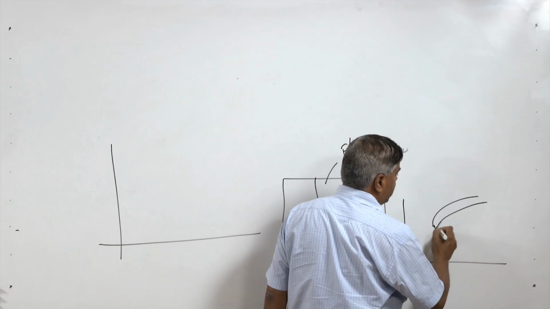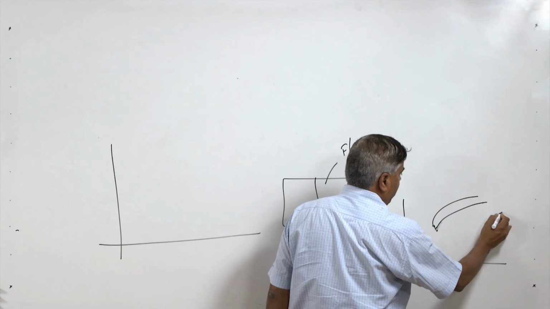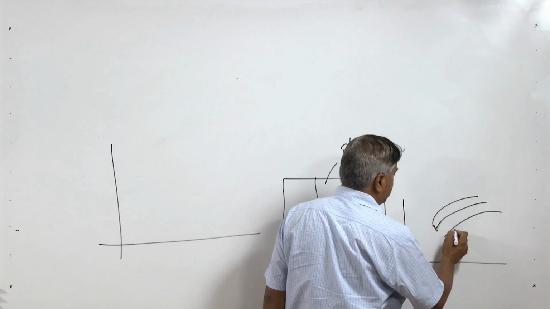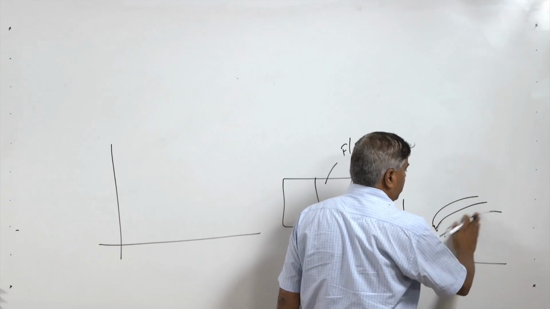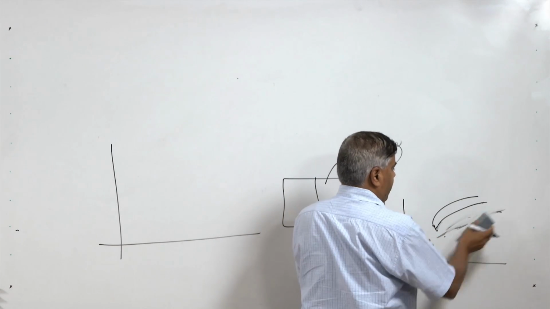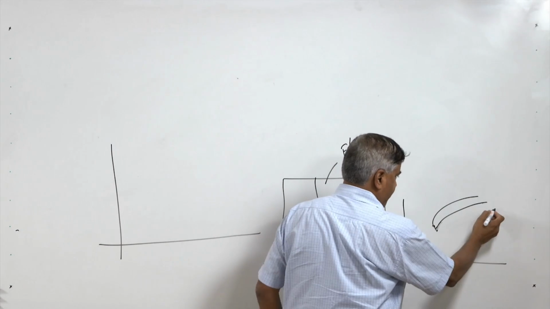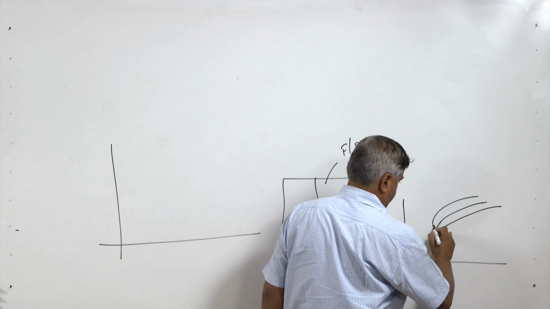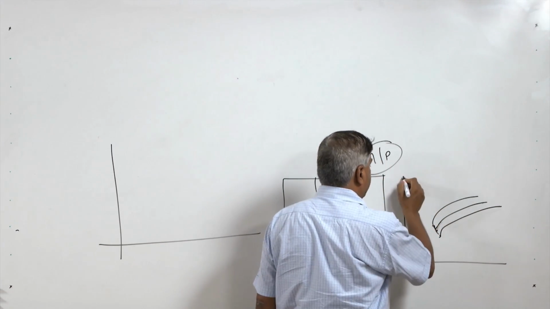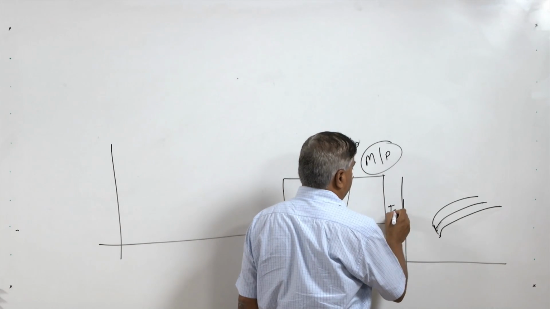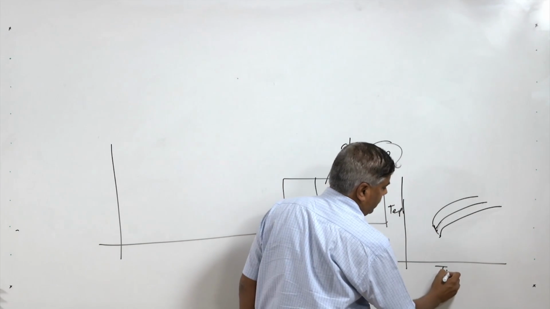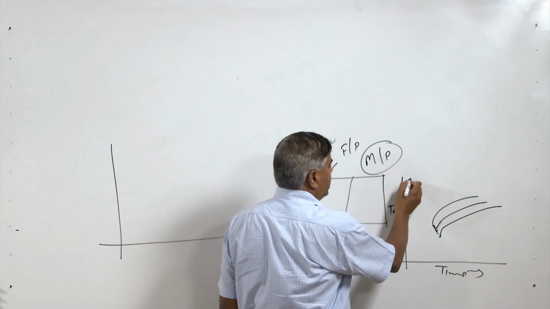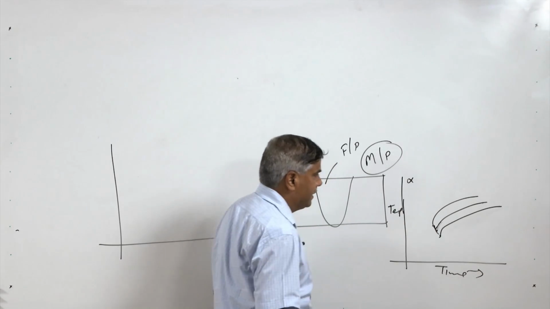So, if the CCT diagram goes in here like this, here we have temperature, here we have time, and this is our austenite at high temperature.